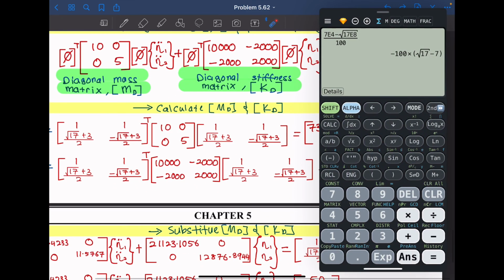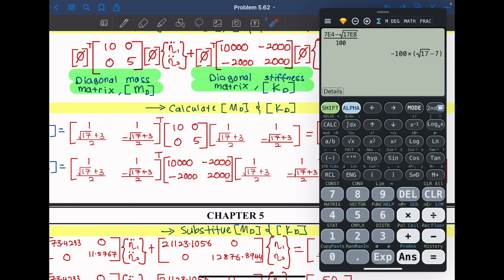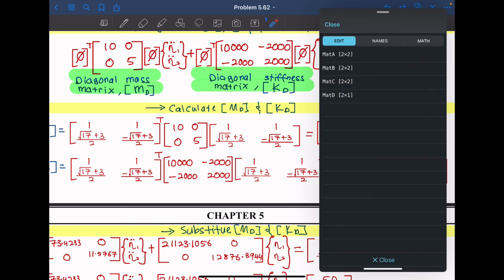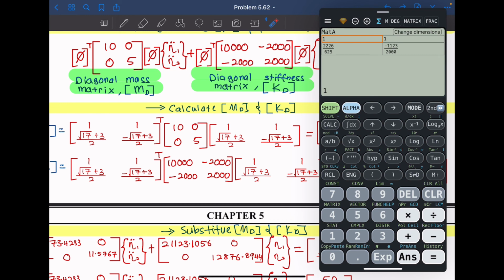If we use the entire value, not the one with lots of decimal places, I edit the matrix A again. We used the transpose just now for matrix A, the matrix A for the modal matrix, which is 1 1.